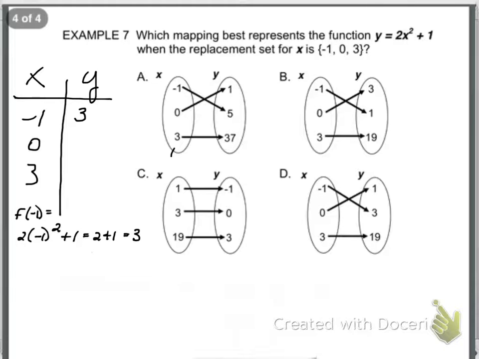And so another way to write y then is f of x. I put in whatever value I pick for x, or they pick for me in this case. So f of 0, I'm going to take my next x value, and I say 2 times 0 squared plus 1 is equal to 0 plus 1, or 1.